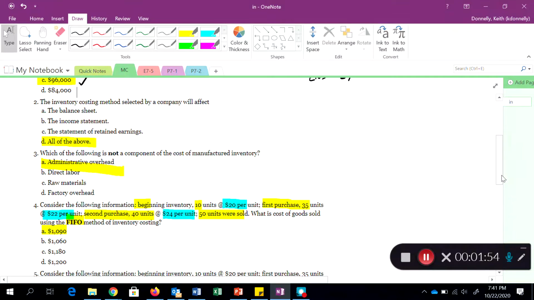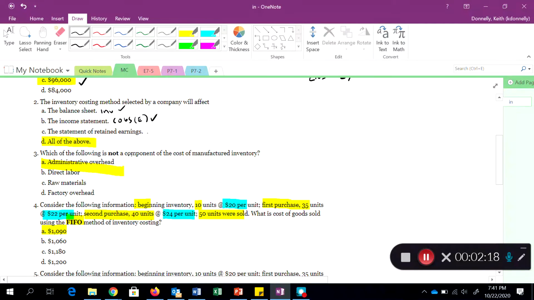Number two, the inventory costing method selected by a company will affect, well, the balance sheet, right? We have inventory, that's an asset that's on the balance sheet, so that's true. The income statement, we're dealing with cost of goods sold, which is an expense, so that's true.